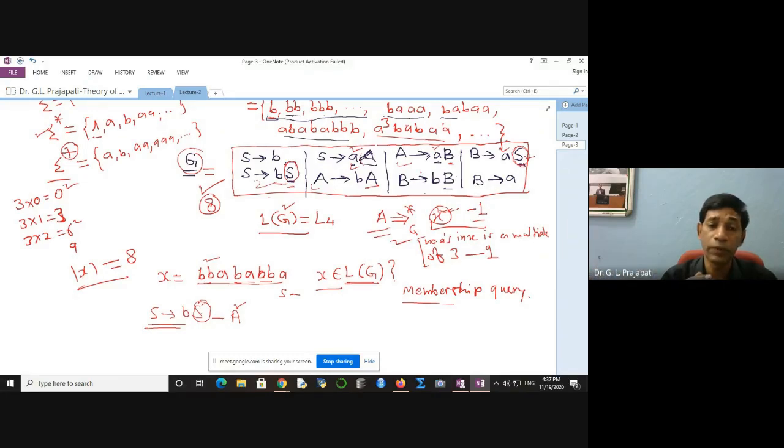So see how difficult this question is. Even finding the membership query in computer science is a hard problem. It is not an easy job, because for some complex grammar you might have infinite possible derivation trees.